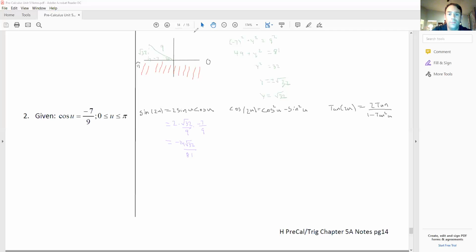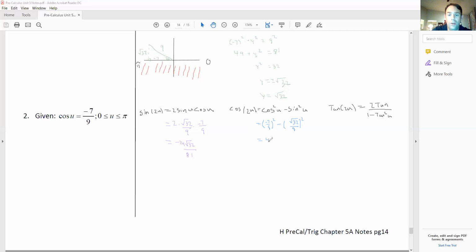All righty. Let's try the next one. How about cosine 2u? Well, cosine squared will be negative 7 over 9 squared, minus root 32 over 9 squared.